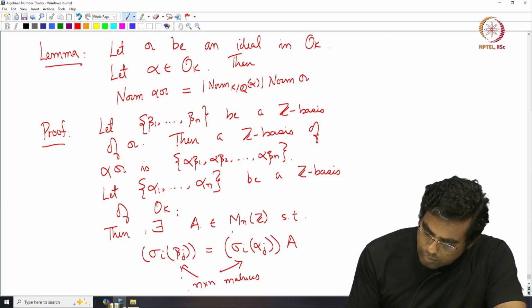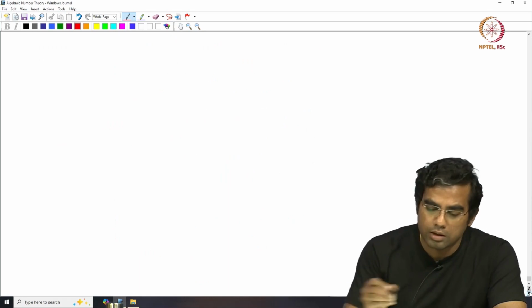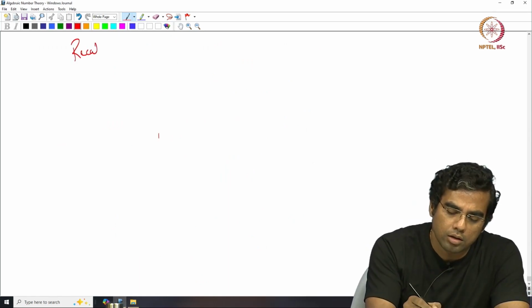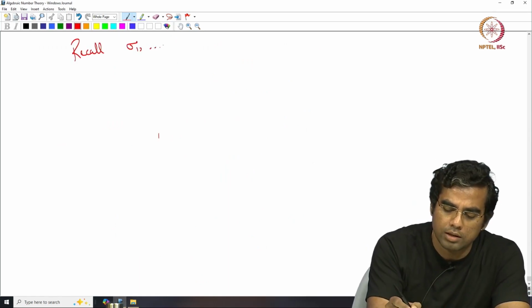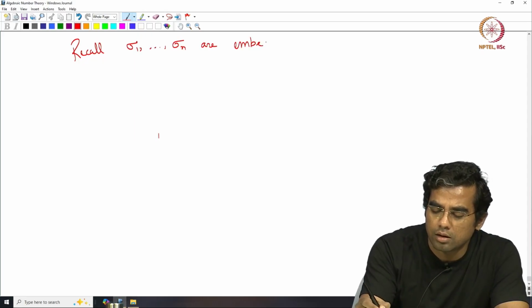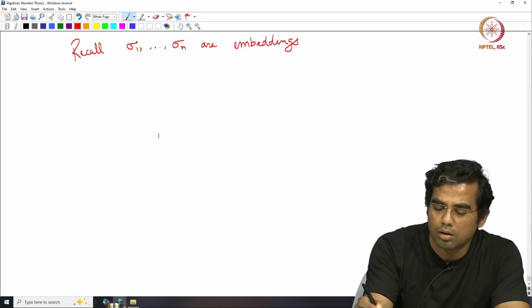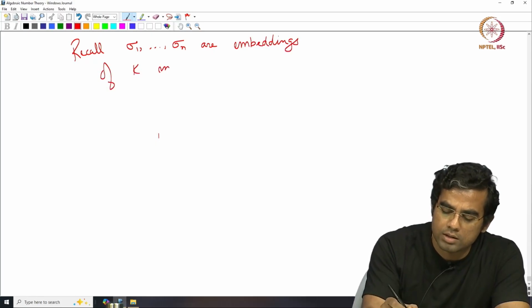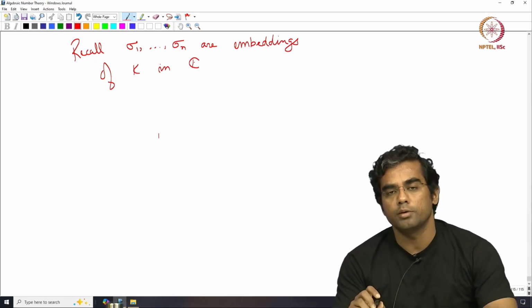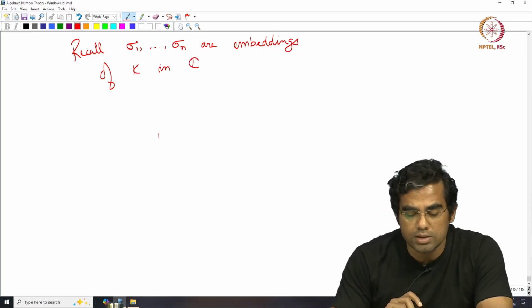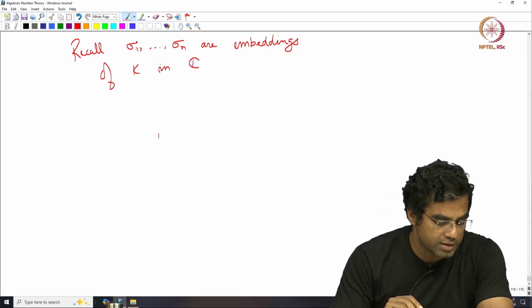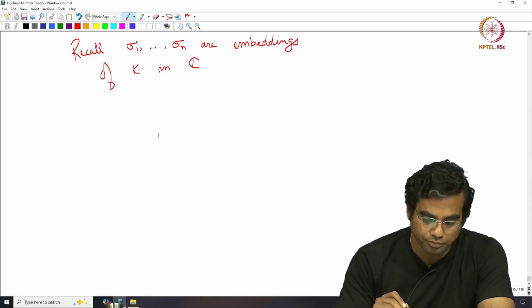And recall our notation: sigma 1 up to sigma n are embeddings of k in C. So, there will be n distinct embeddings of k in C, and those are denoted by sigma 1 up to sigma n.